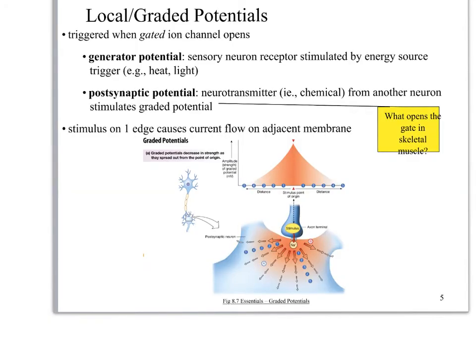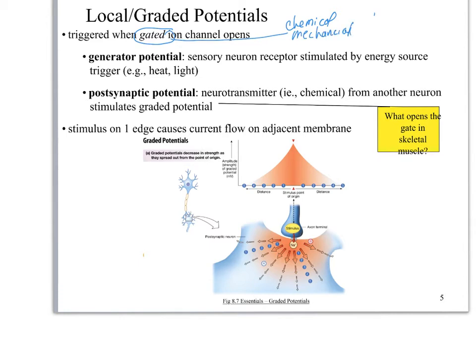All right, let's kind of look at some of these ideas, okay? This local or graded potential is going to be triggered when some kind of gated ion channel opens. This could be a chemical gate, it could be a mechanical gate, okay? It's just something that opens.